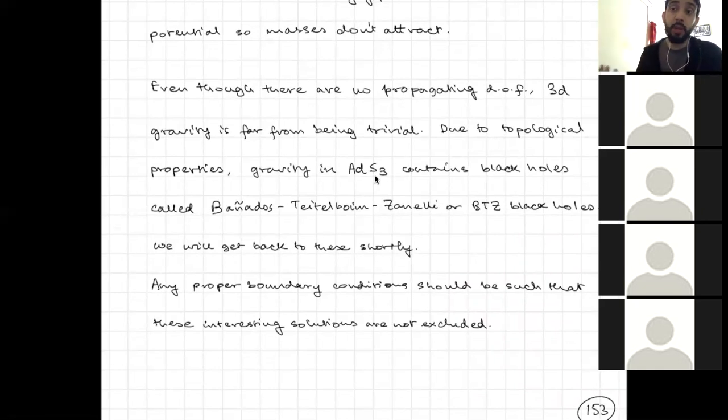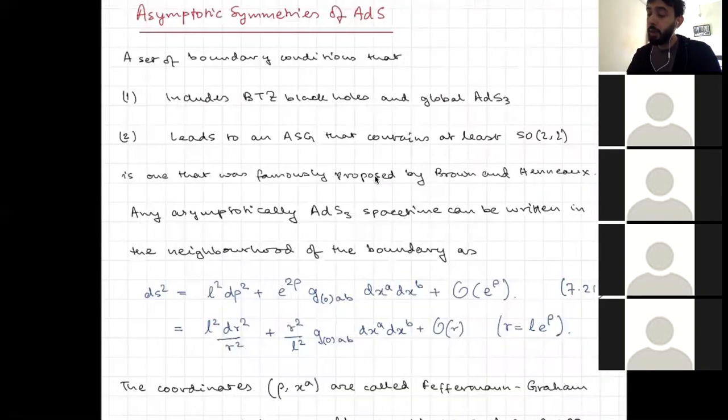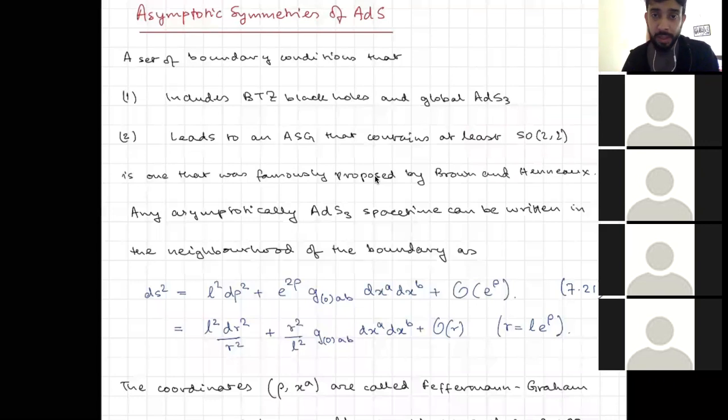So that's something that we need to keep in mind. Okay, so what do we do? We want a set of boundary conditions, for example, that includes these BTZ black holes, and of course also includes the global AdS3.